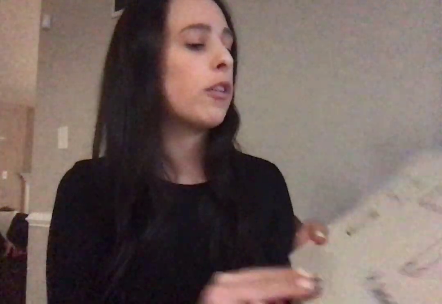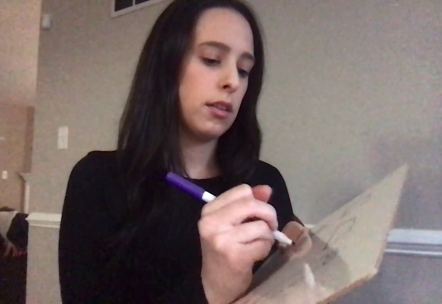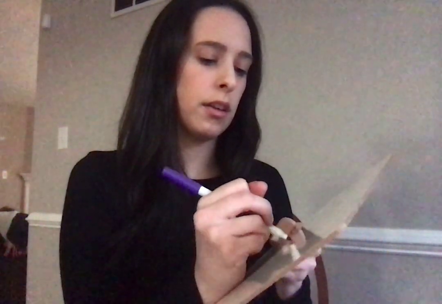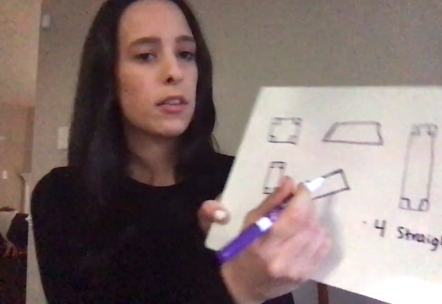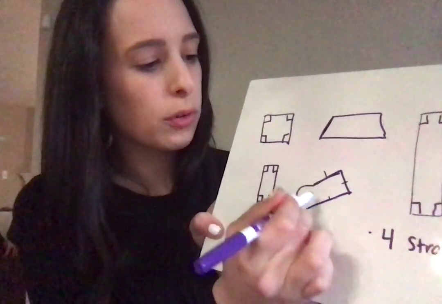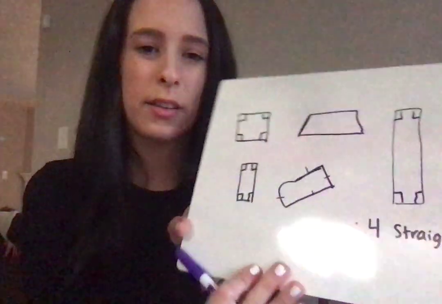So if I were to draw something like this, it has 1, 2, 3, 4 sides, but they're not all straight, so it wouldn't be in this group.